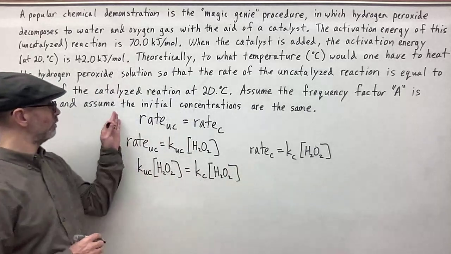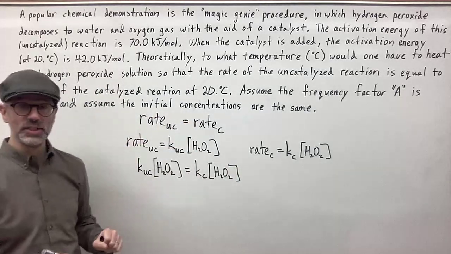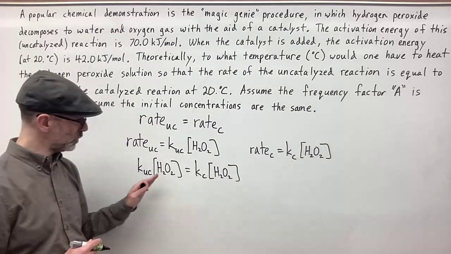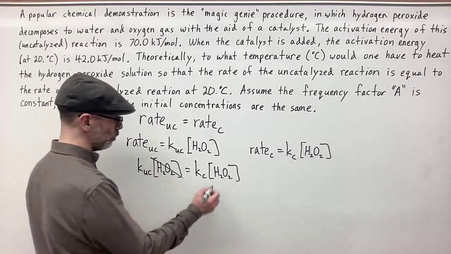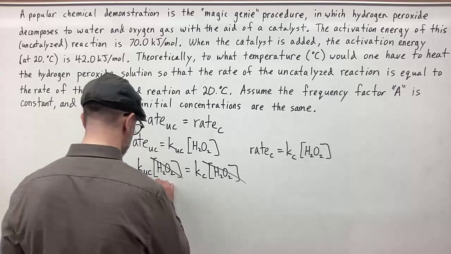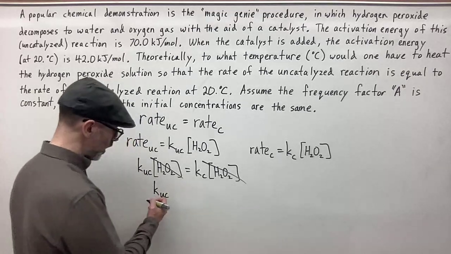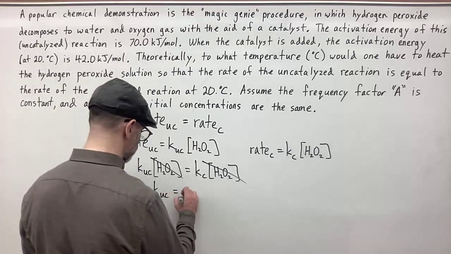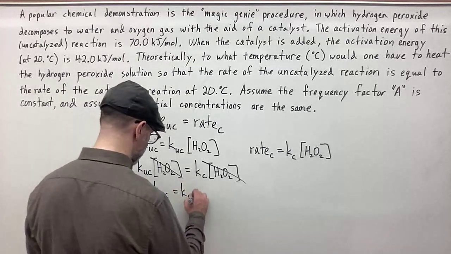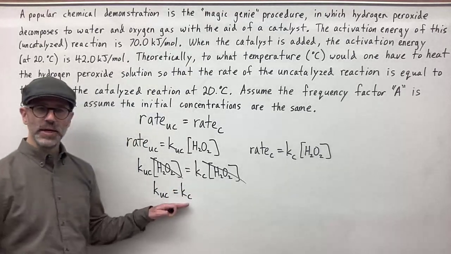But we're told to assume that the initial concentrations are the same. So if the initial concentrations are the same, then these will cancel out. And what we end up with is the rate constant of the uncatalyzed reaction is going to be equal to the rate constant of the catalyzed reaction, which makes sense.